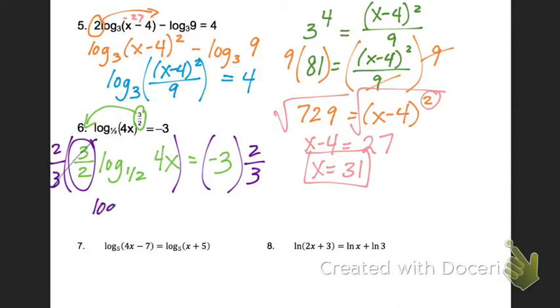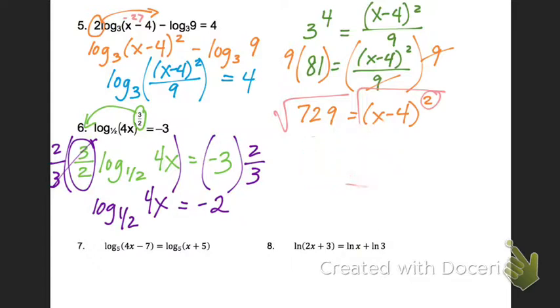So log base 1/2 of 4x equals -2. Change it to exponential form. I'm going to erase this. So 1/2 to the -2 equals 4x.